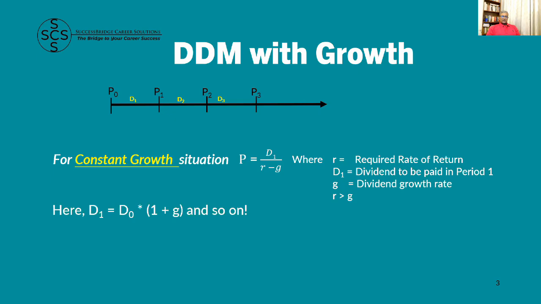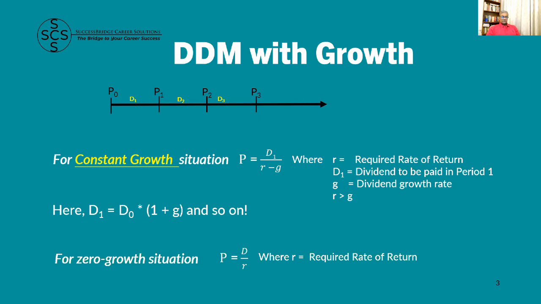So obviously, if the dividend growth rate is G, then the relationship between the current dividend and the next dividend is as follows: D1 equals D0 times 1 plus G, and so on. And so this is a problem where dividends are growing at a constant rate of G. And then the special situation where there is no growth in dividends.